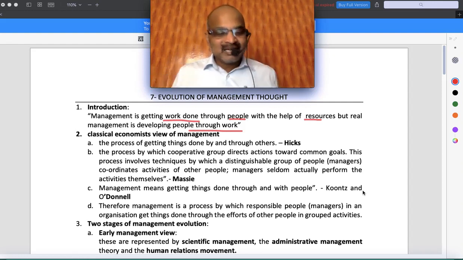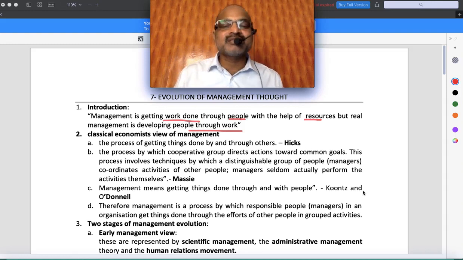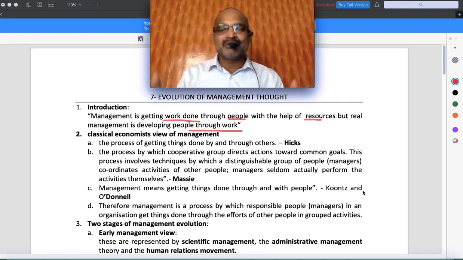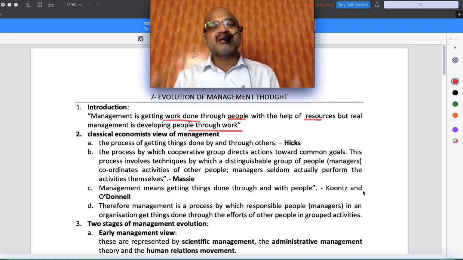So what is management? Getting things done. How do you get things done? With the help of resources. What resources does a manager normally use? Men, material, machines, money. With the help of these resources, all the activities the company is supposed to perform will be performed.